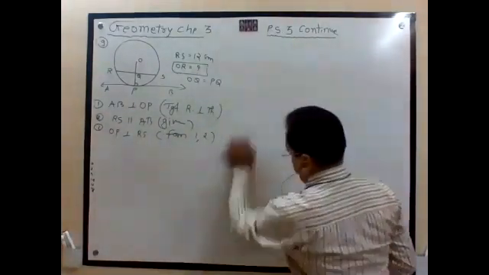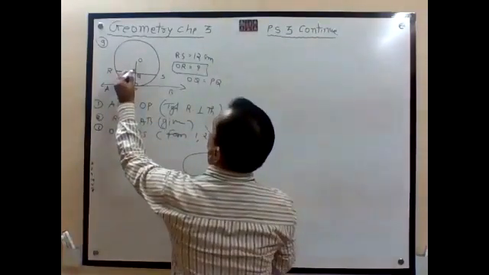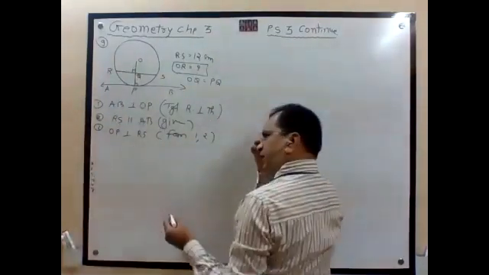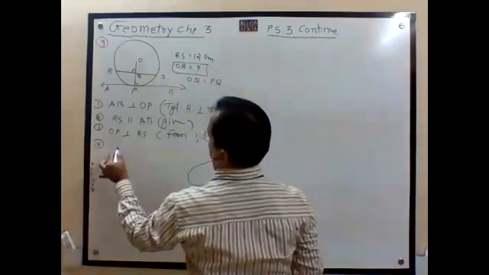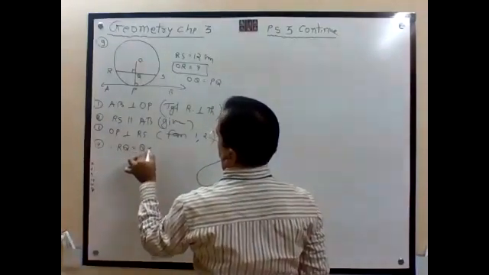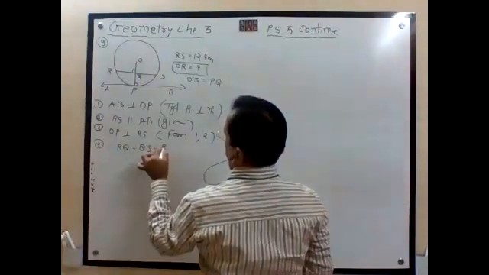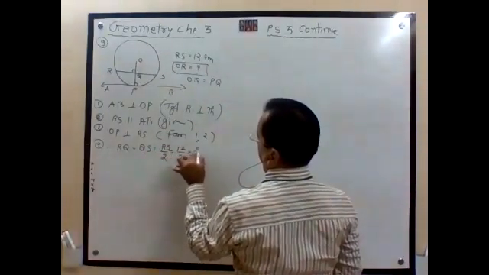So it is perpendicular, and a perpendicular on a chord bisects the chord. Therefore, RQ is equal to QS is equal to RS by 2 is equal to 12 by 2 is equal to 6.